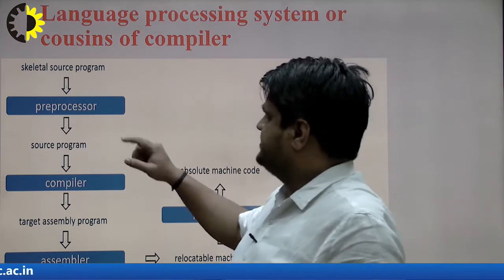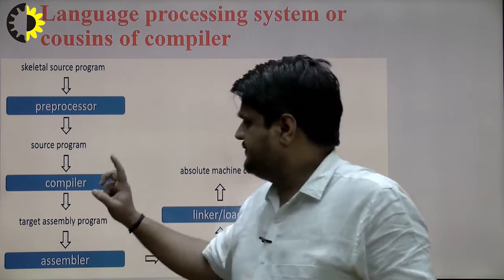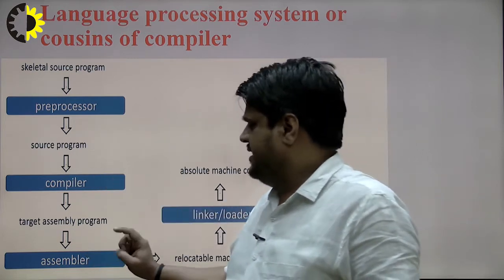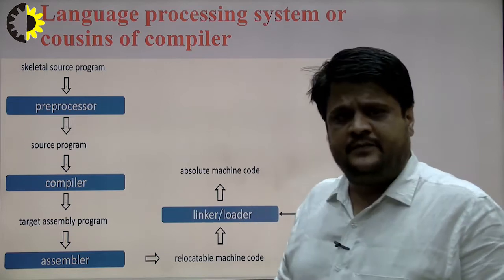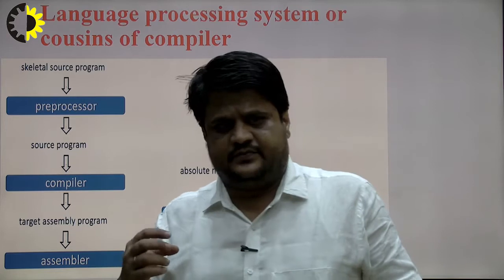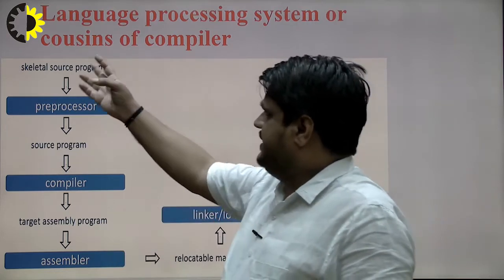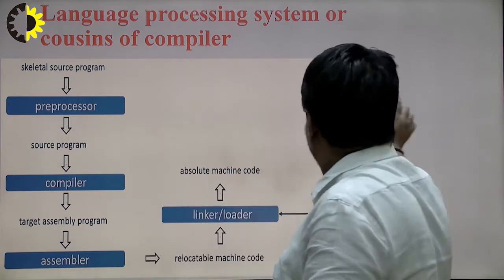Let us discuss. The first one is the preprocessor. After that we require a compiler. After that there is an assembler. After that the linker and loader, and the linker and loader will produce the exact machine code. We will discuss the working of each processor one by one.